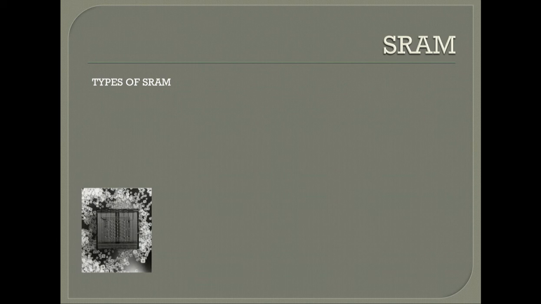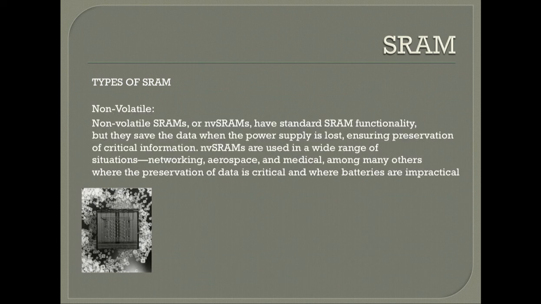So let's talk about the types of SRAM there are. We have non-volatile. Non-volatile SRAMs, or NV-SRAMs, have standard SRAM functionality, but they save the data when the power supply is lost. So it ensures the preservation of all critical information.